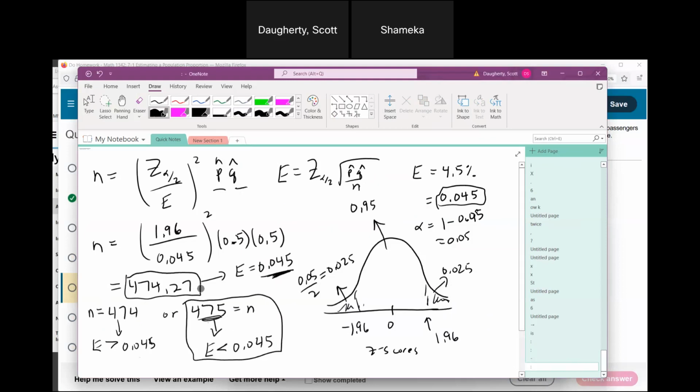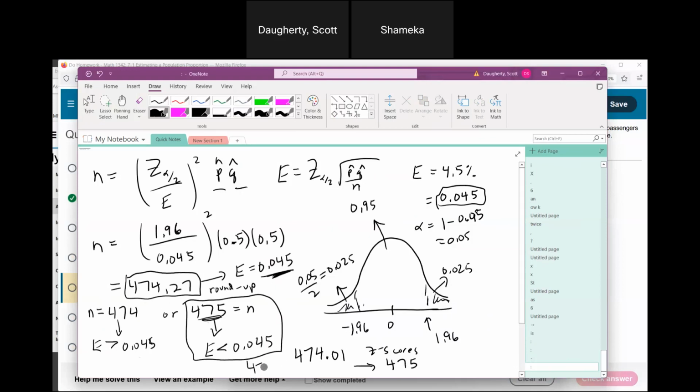So rule of thumb here is always round this number up. Always round up to the next integer, okay? So, if this was 474.01, we'd still round up to the next highest integer, 475. Even though 474 is closer, technically, you want the margin of error to go down, so you would have to go up to 475.